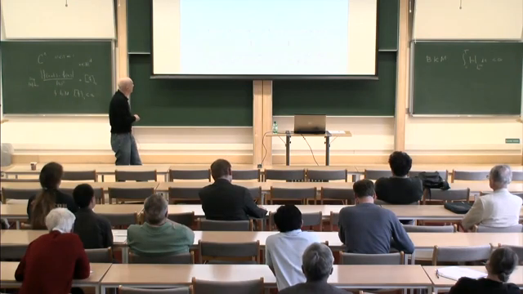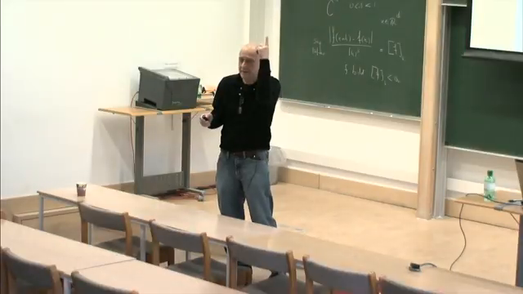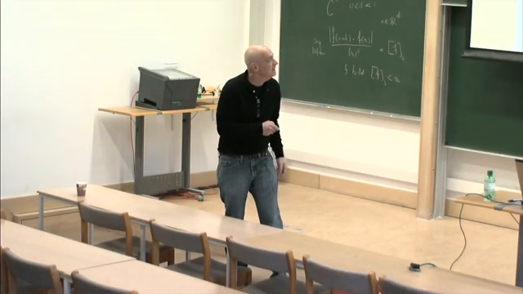So in addition to that, there is another property, which is a very nice property that is easily explained. And this is called geometric depletion of nonlinearity. What happens here is that in 2 dimensions, this term drops out. And it drops out because in 2 dimensions, if the flow is parallel, vorticity points in the same direction perpendicular to the motion, and this term drops out.